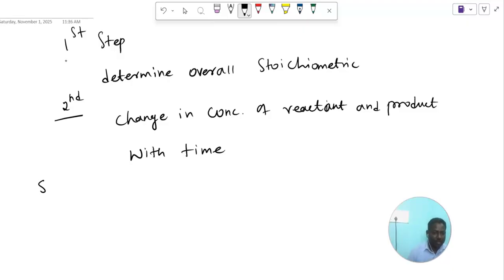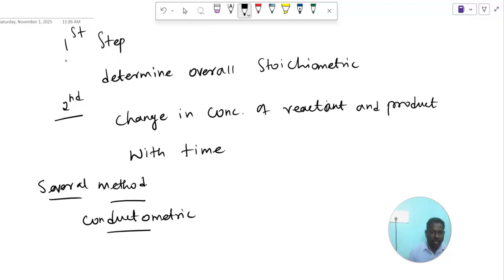There are several methods to study kinetics. For example, conductometric titration. How does this conductometric titration help? Here the pH change is calculated using glass electrodes.